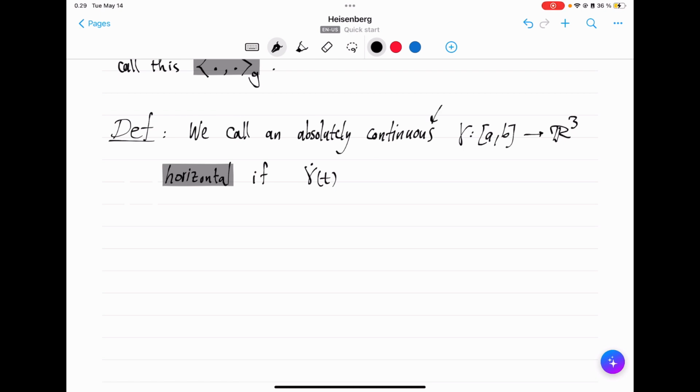And here when we say absolutely continuous, we're using the standard metric. So this is where a lot of cheating happens in dealing with the Heisenberg group.